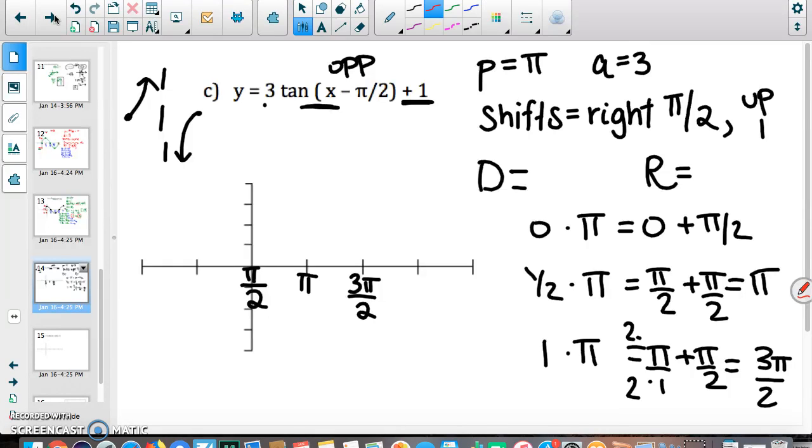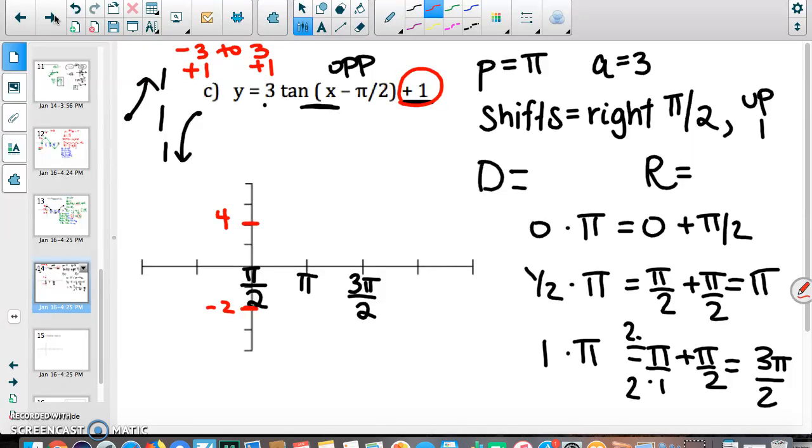I next need to figure out this plus 1 situation. So typically, my important values of tangent are from -1 to 1. But now they're from -3 to 3, and then adding 1, so let's write that down here. -3 to 3, so then if I were to add 1, that's going to be -2 to 4.